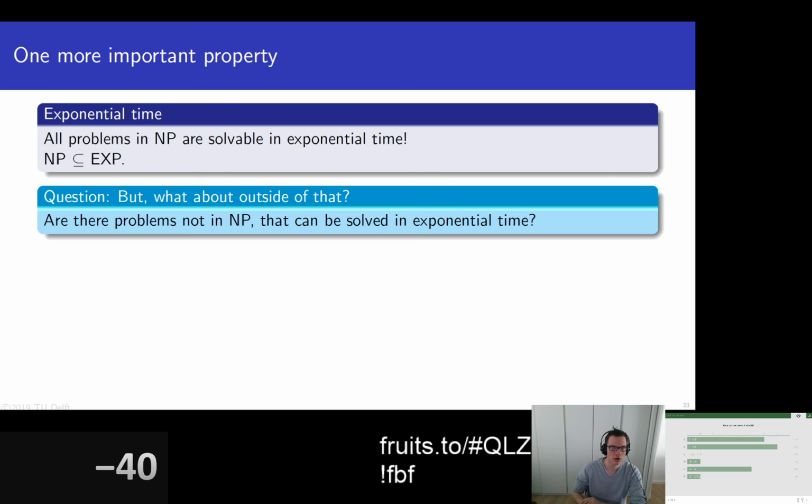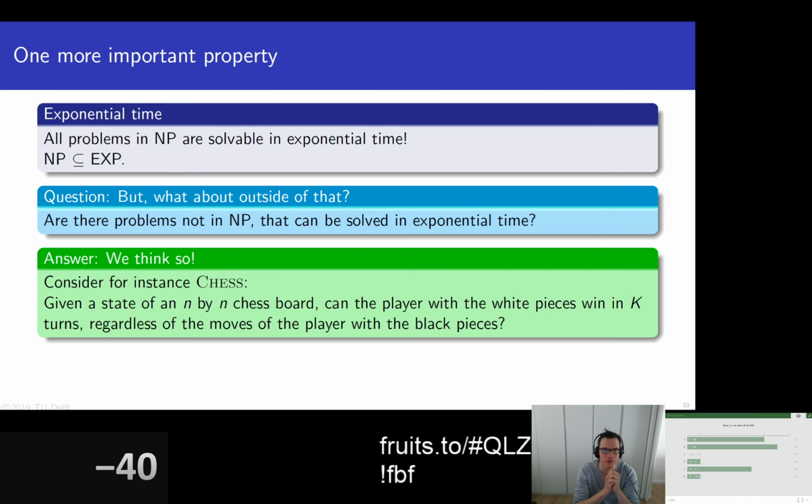Consider a problem that is not in NP, so even if you give me the solution, I cannot check it efficiently, but it can be solved in exponential time. An example of this is playing a game of chess or checkers.